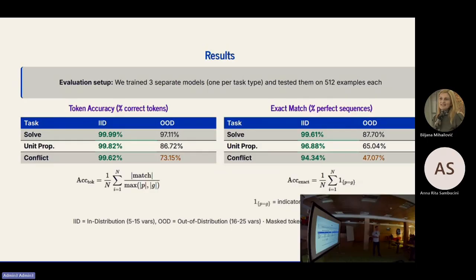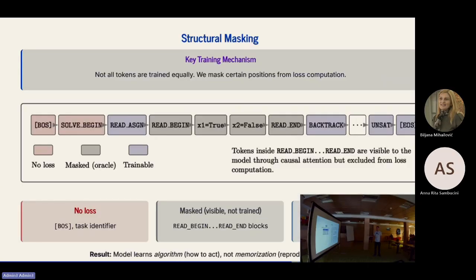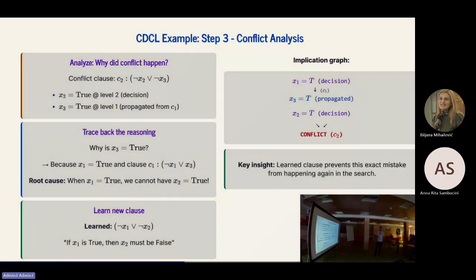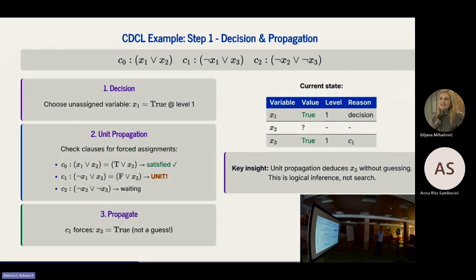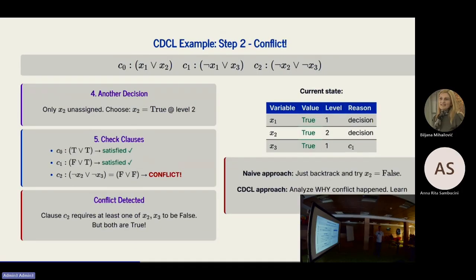Unit propagation is a method from the CDCL solver, where we check the clause for forced assignment. Okay, so these are three different categories of things it does, and you measure on all three. Then about the training, there was the slide with the training and masking.